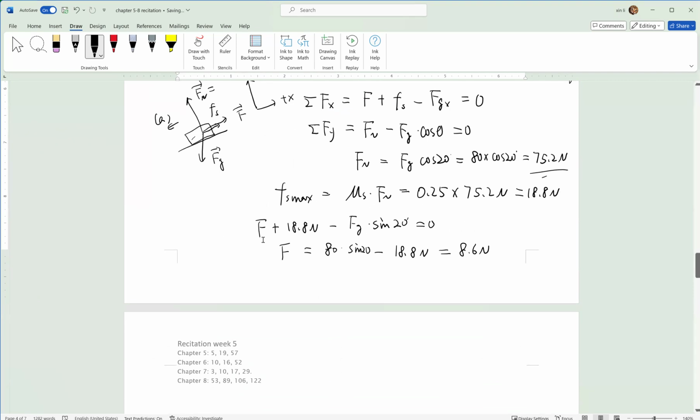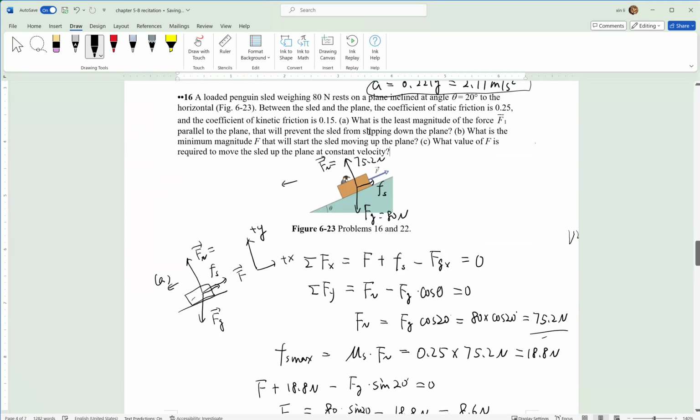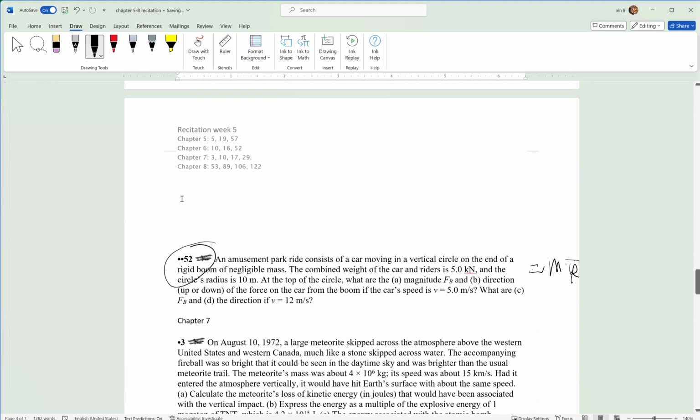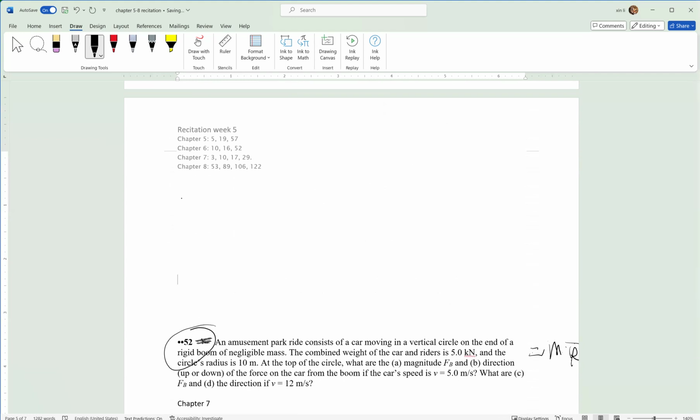Part B will be very similar, but what you have is the sled moving up. So you are going to have the same thing. You are going to overcome the maximal static friction, and then this is your normal force, and this is your gravitational force. So here, your Fx will be equal to F minus Fg minus Fs maximal, which equals 0.